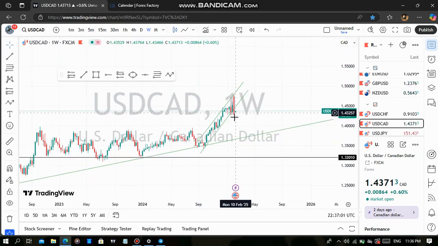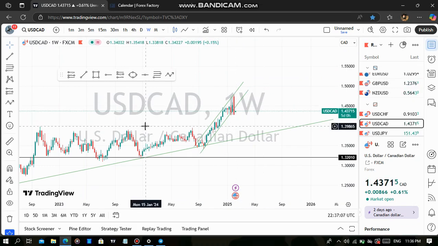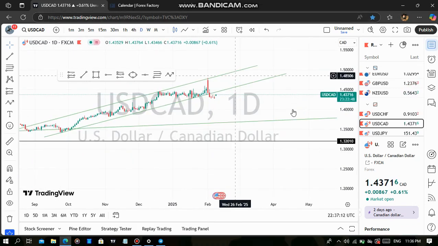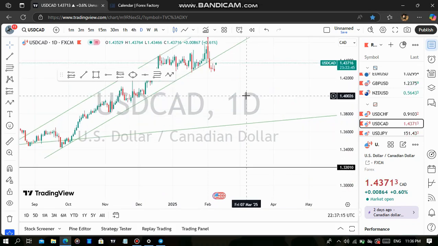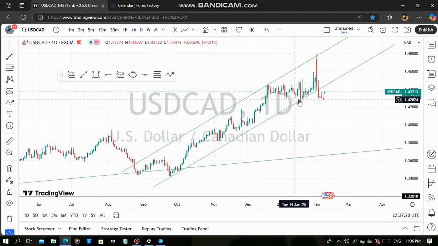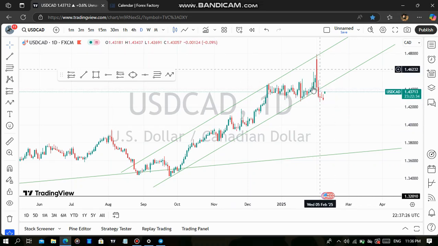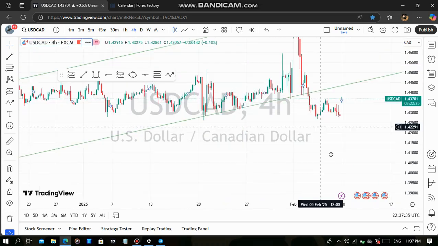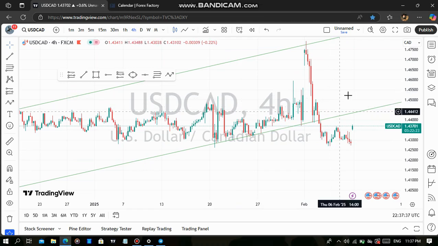However, this weekly candle is a strong bearish engulfing candle, and looking at it, this bullish trend has been intercepted. It's no longer in this bullish trend, giving us a signal that the bullish trend has come to an end.